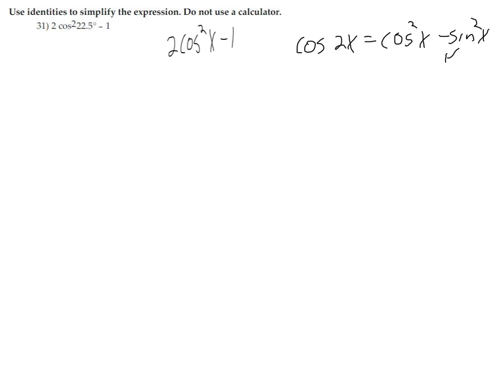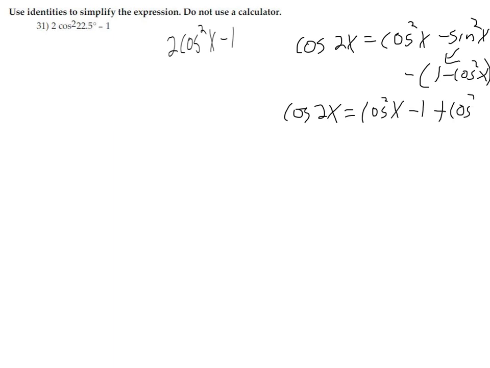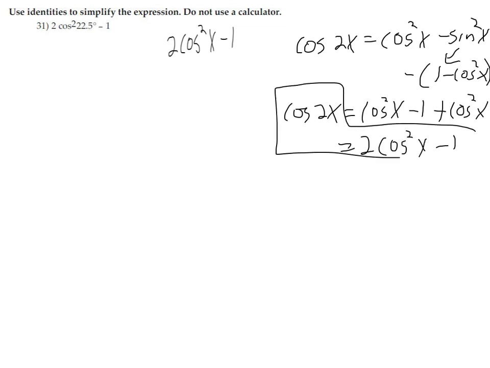Now if I convert my minus sine squared x into 1 minus cosine squared x, I get cosine 2x equals cosine squared x minus 1 plus cosine squared x, which is 2 cosine squared x minus 1. And that is exactly what I see.